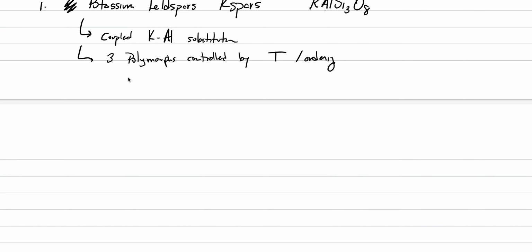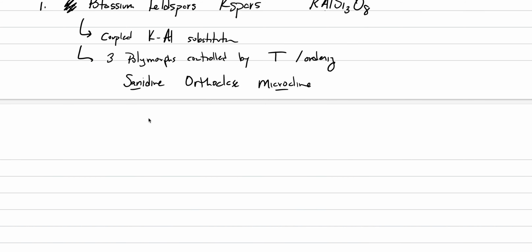The names of those three polymorphs are sanidine, orthoclase, and microcline. And only two of them need to really be memorized. It's going to be microcline and sanidine, because orthoclase is really hard to identify, and without a microscope, it basically just looks like microcline. So we're going to worry about sanidine, and we're going to worry about microcline.